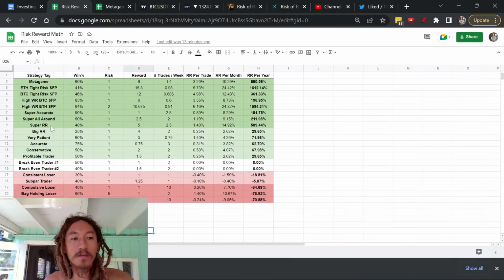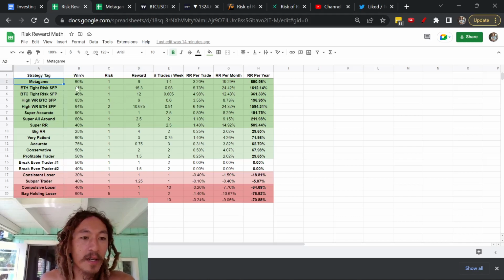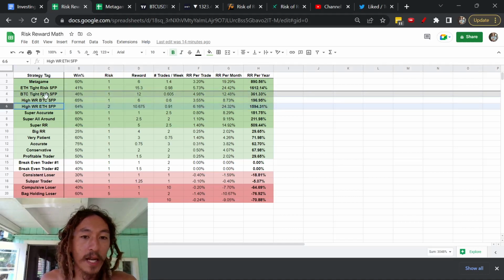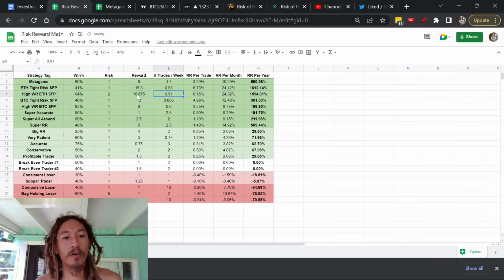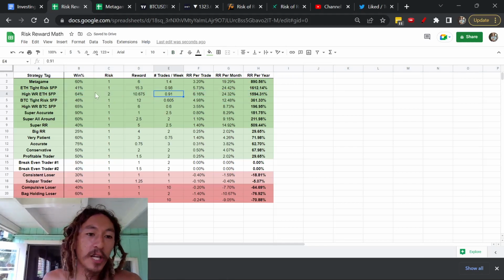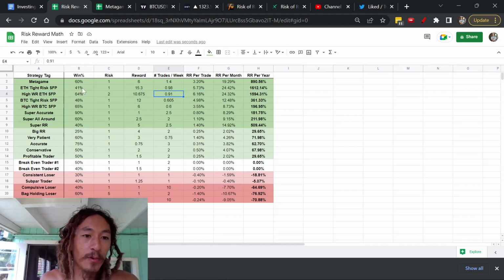Okay? So now what we're looking at is here, we're going to compare the ETH tight risk with the high win rate ETH. So what I'm doing here is I'm changing the parameters. The ETH tight risk is 41% win with 15.3 reward.